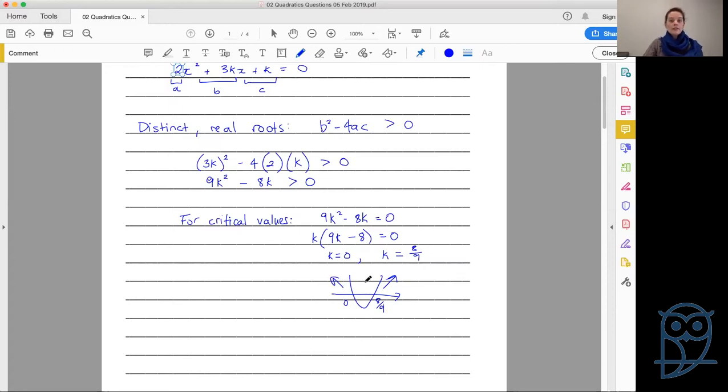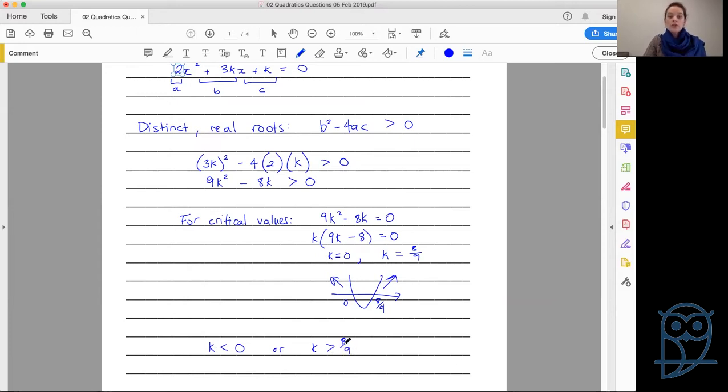So our final answer then goes back to an inequality, and we have k is less than 0, representing the left-hand side, or k is greater than 8/9, representing the right-hand side. And as it's just a greater than in the question, it is just a less than and a greater than in the answer. There's no or equals to.